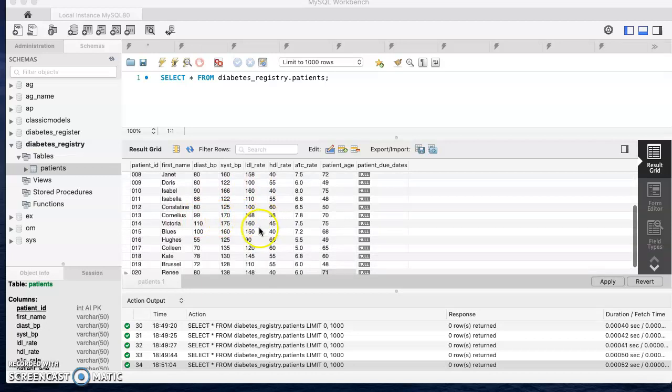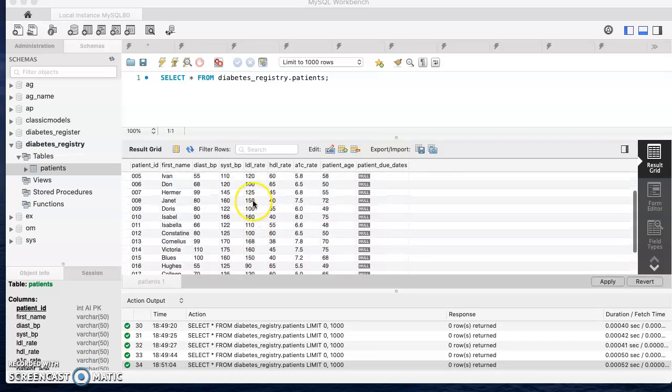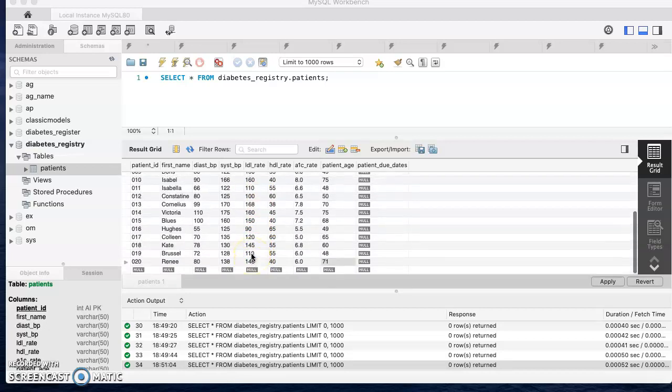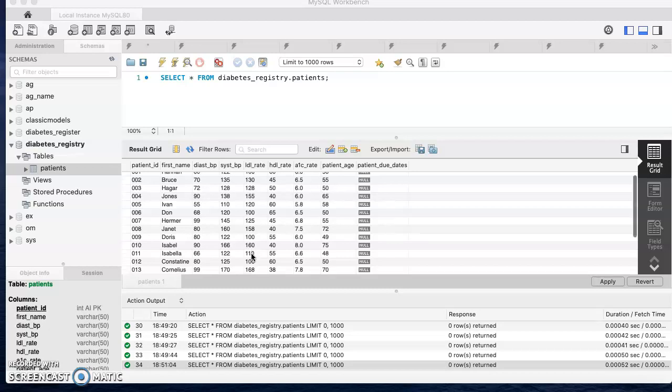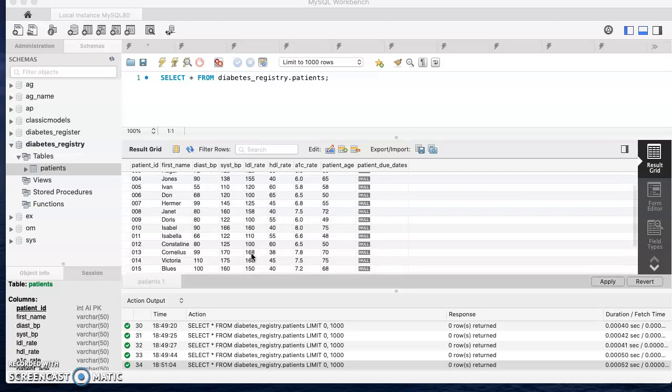For Cornelius, for Victoria and Blues, you can see the values: 158, 160, 168, 160, 150, and those can also cause serious problems because a lot of bad fats are not clearing up in the system, and that could lead to coronary heart disease. The arteries will be clogged, so the proper terminology here is atherosclerosis.